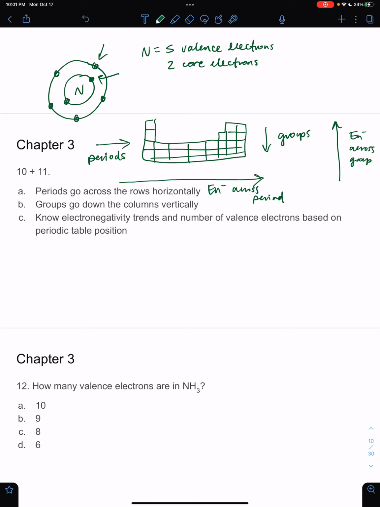Okay. And then also the valence electrons is based on the group number, right? Going across the periodic table, the group number is going to be 1, 2, and this isn't accurately drawn, obviously, but it's going to go 1, 2, 3, 4, 5, 6, 7, 8, something like that.